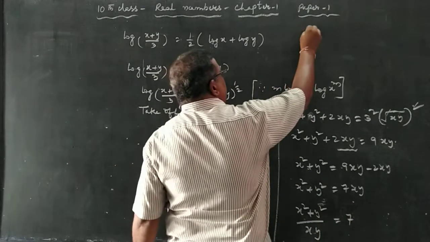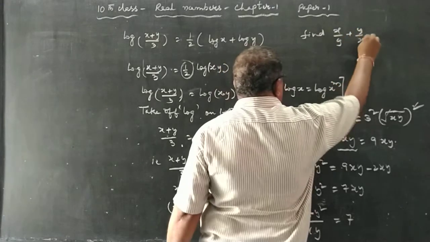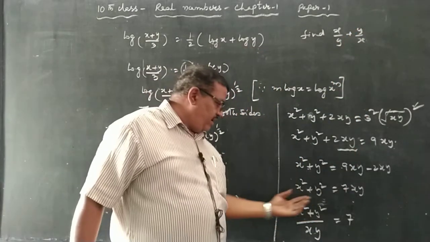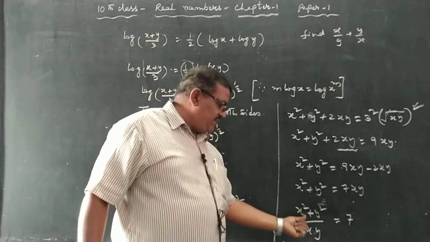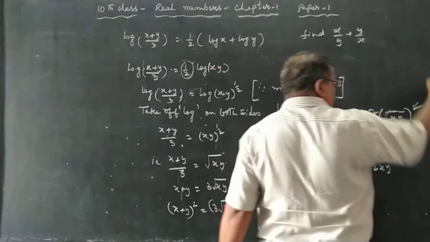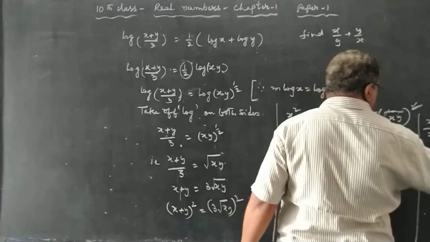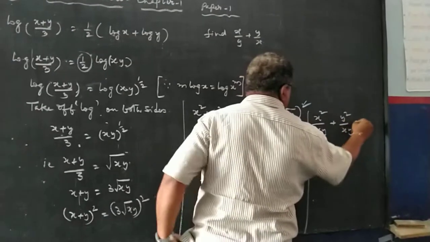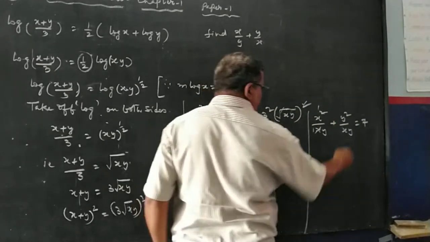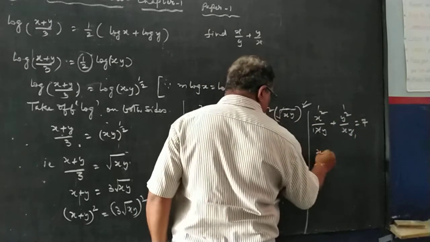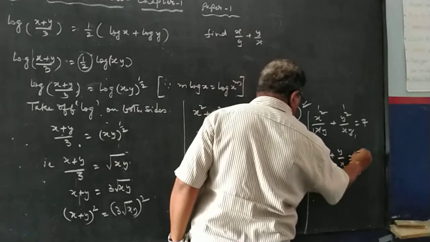Since we need to find the value of x by y plus y by x, expand the LHS: x square by xy plus y square by xy is equal to 7. One x is cancelled, one y is cancelled. You get x by y plus y by x is equal to 7.